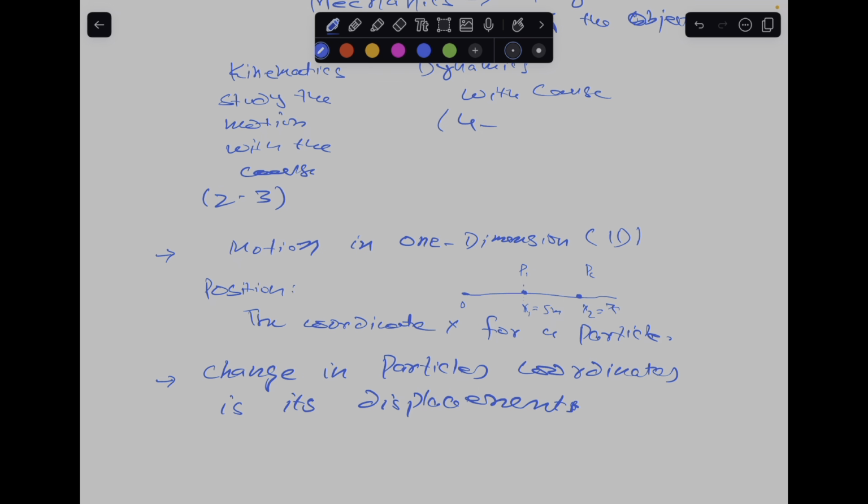So the change in coordinate, which is delta x, is x2 minus x1. So this is the displacement.